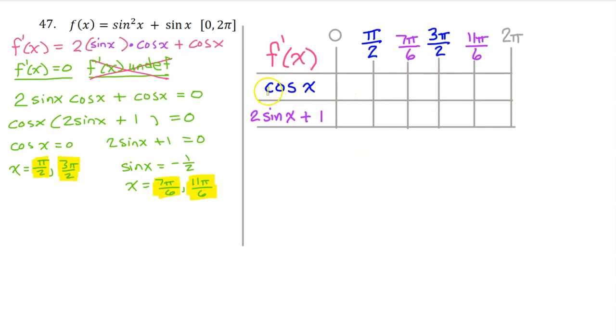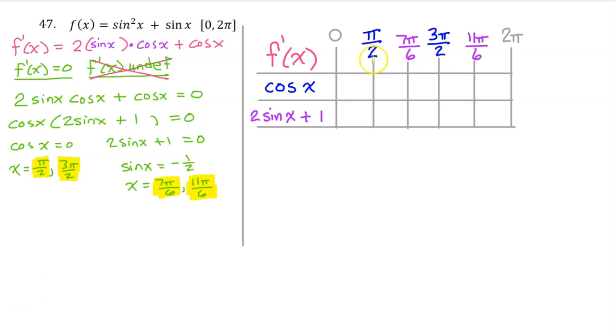Let's start with the blue factor of cosine x. At first, it seems like we are going to need to test 5 separate intervals. However, it's going to be a little bit easier than that. I've color coordinated the critical values to match the factor that they came from. So cosine x is equal to 0 at pi over 2 and 3 pi over 2.